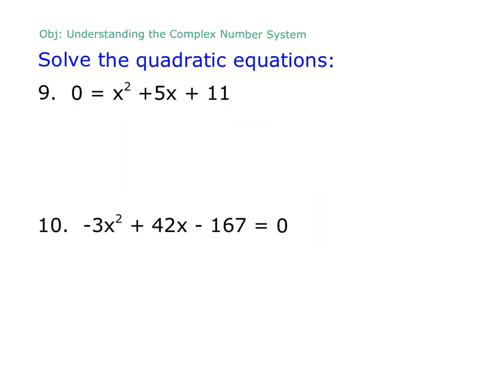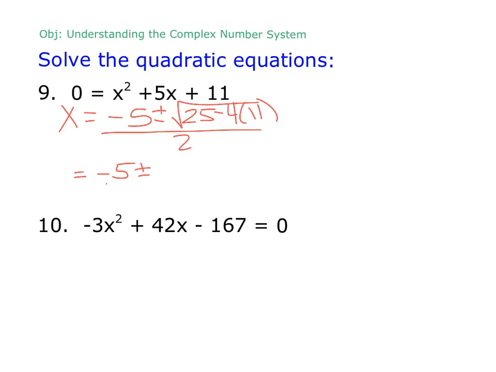All right, 2 more. Again, quadratic formula. Easiest way to do these. Alright, so I got x equals negative 5 plus or minus the square root of 25 minus 4 times 11, all over 2.